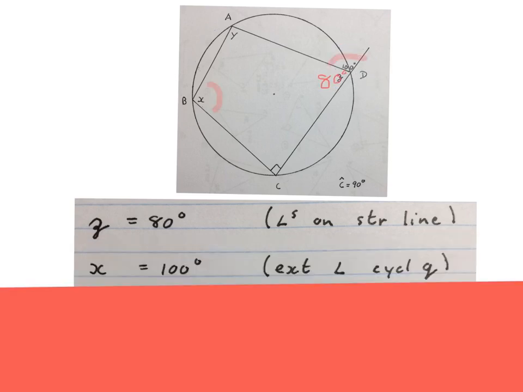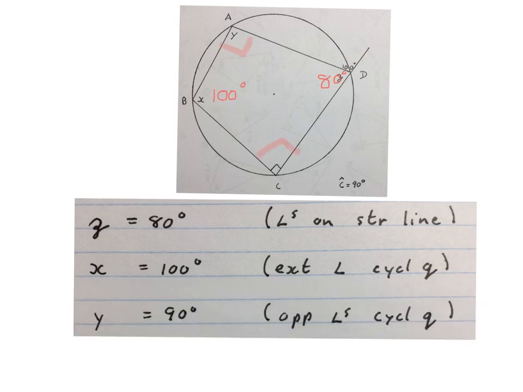Next we can write, X is 100 degrees over there, exterior angle of a cyclic quad. So that exterior angle is equal to the opposite interior angle. The last one, Y equals 90 degrees, opposite angles of a cyclic quad. The opposite angles of a cyclic quad add up to 180. That one was 90, so that one will also be 90 degrees. Please stop the video and get your head around these three answers.